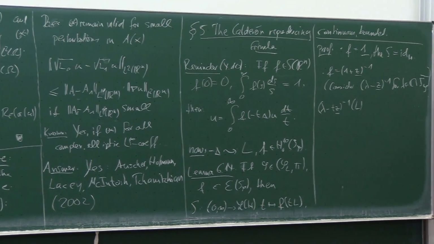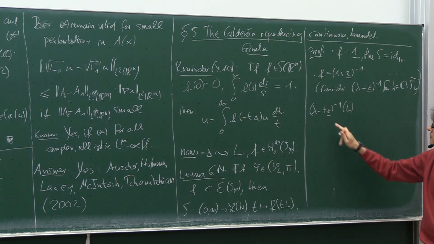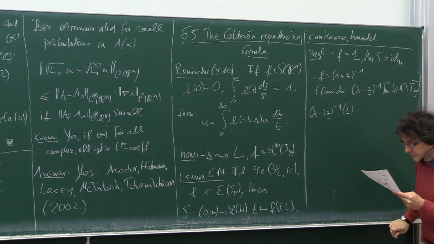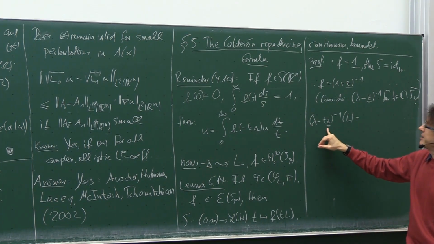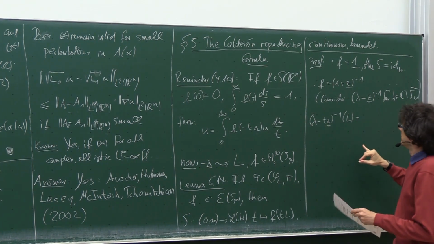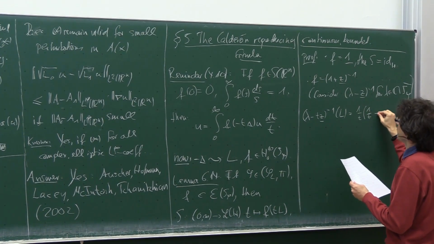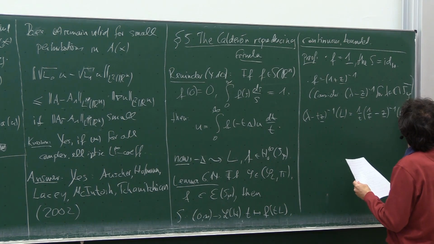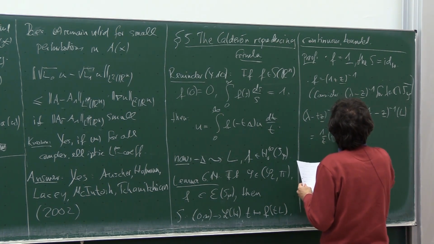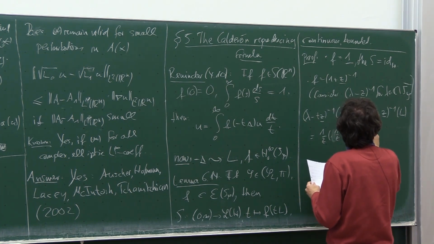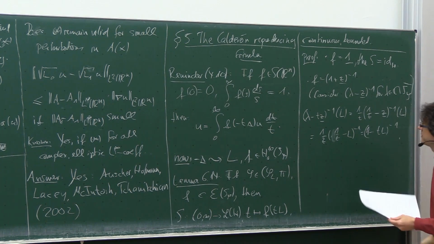We have to plug in L into f of tz, this is this one. Okay, we know how resolvents act on L. This is nearly a resolvent, so just rewrite it as 1 over t times (1/t minus L)^(-1), and then you see this is 1 over t times (1/t minus L)^(-1), and this is (1 minus tL)^(-1), so lambda.